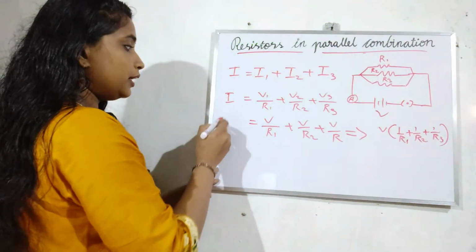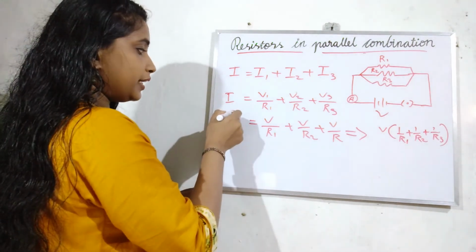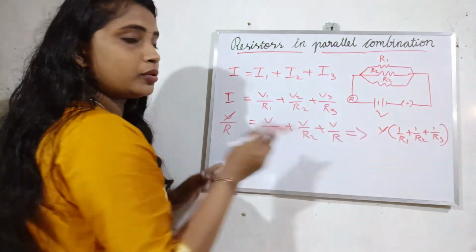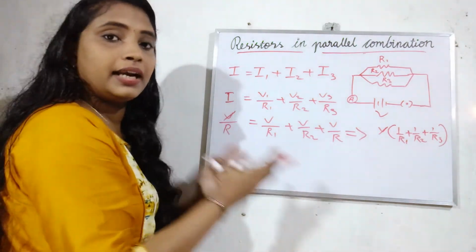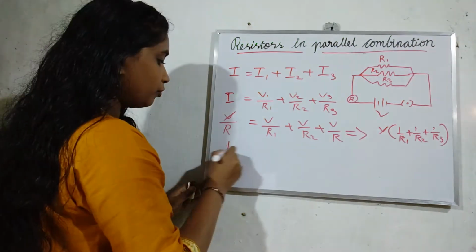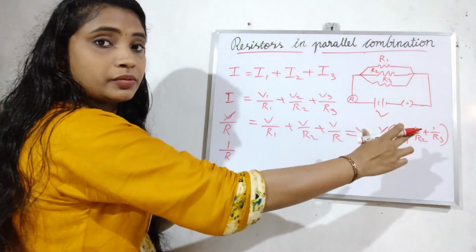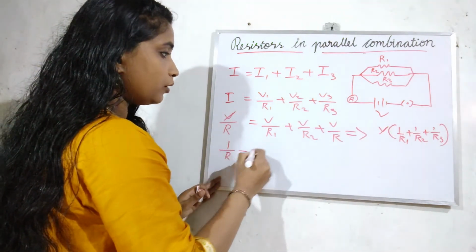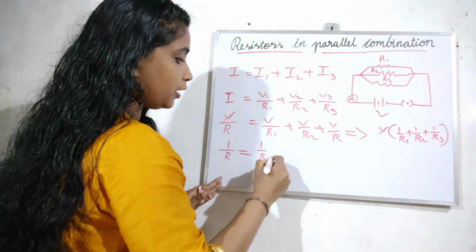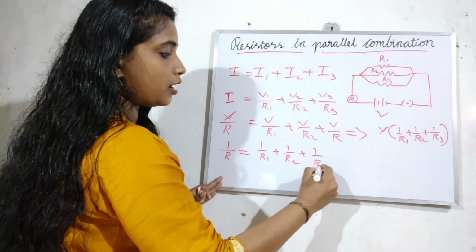Now we have on the other side also V by R. Now we can cancel V on both sides because V is a common factor. Now this equation becomes 1 by R, the reciprocal of the effective resistance of the circuit, is equal to 1 by R1 plus 1 by R2 plus 1 by R3.